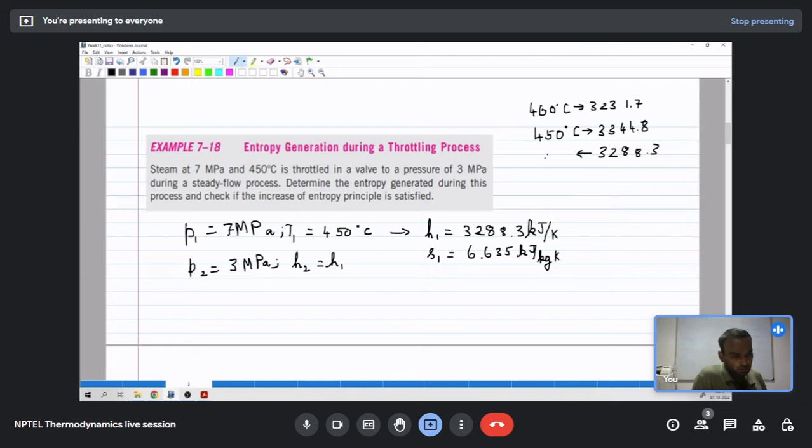So this is 425 degrees Celsius. So it is almost in the half. How I got this is by doing linear interpolation.